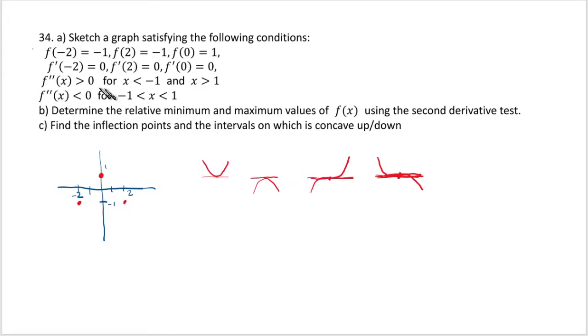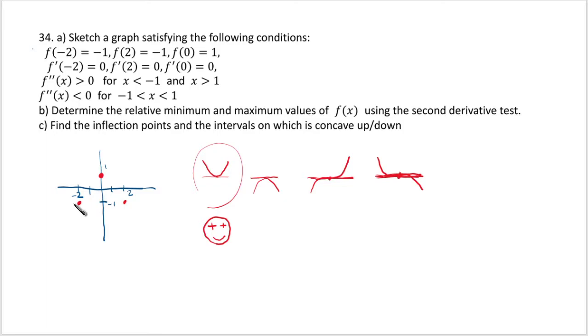And we see that before -1 and after +1, f double prime is positive, meaning that it's concave up. So remember, if the second derivative is positive, then it's a smiley face, it's concave up. So we know that it's this case.